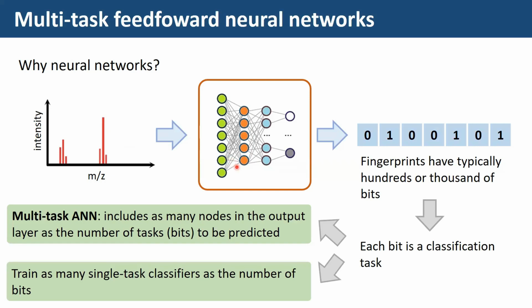Usually people do classification, because each bit of the fingerprint is a classification task. So you have to predict 0 or 1 for each bit. So you have supervised classification approaches, and each bit is a classification task.